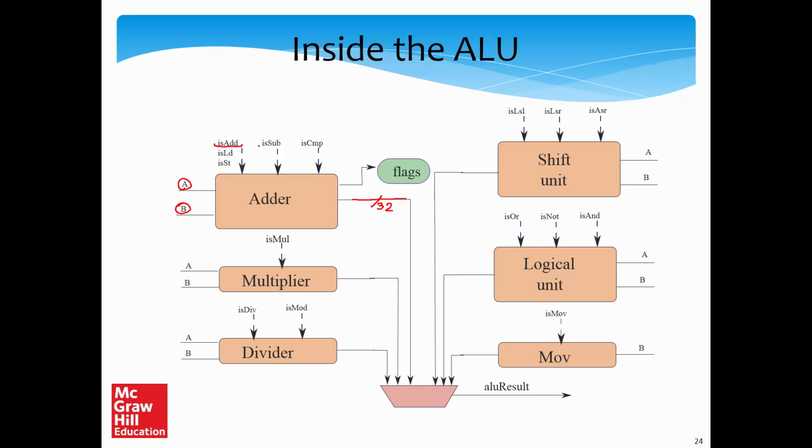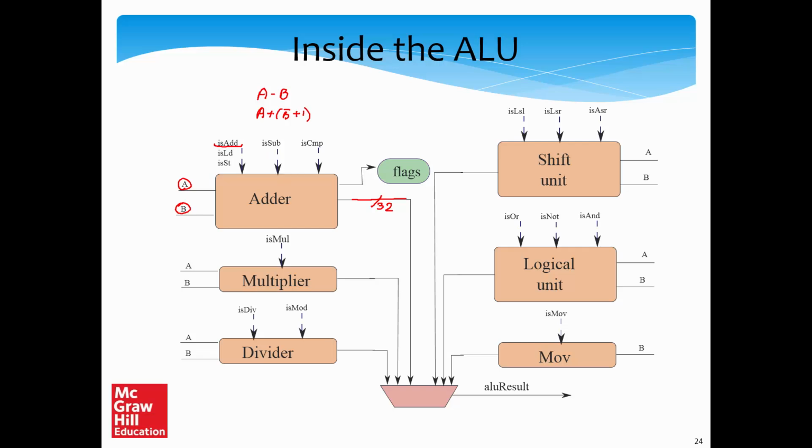Mind you, in the 2's complement world, subtraction is the same as addition. To subtract B from A, to compute A minus B, we essentially need to add A plus the 2's complement of B, which is the 1's complement of B plus 1.